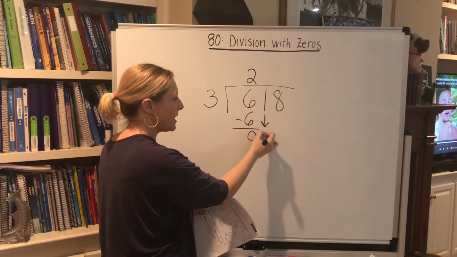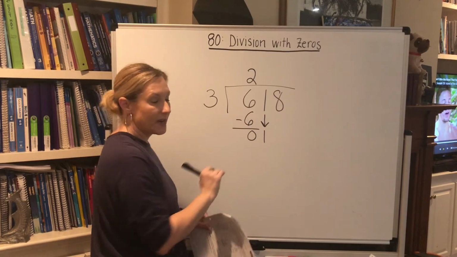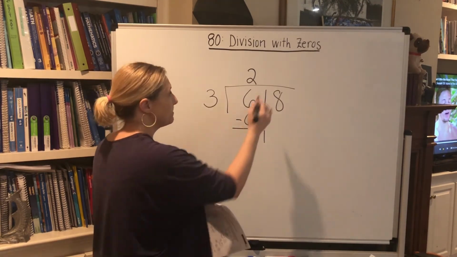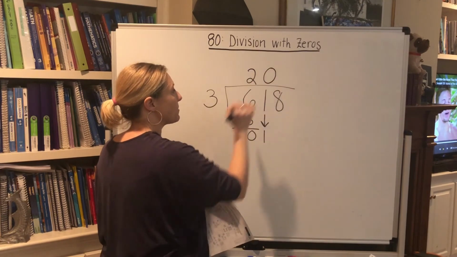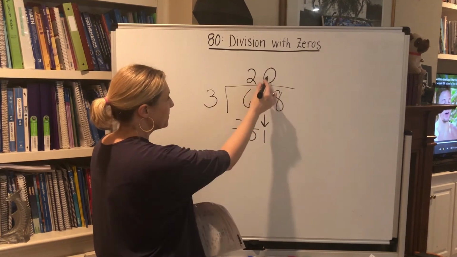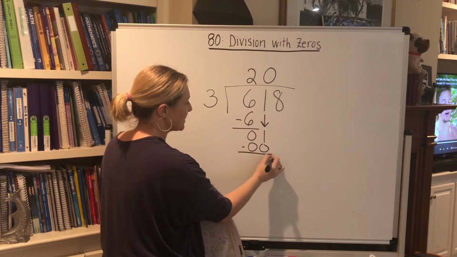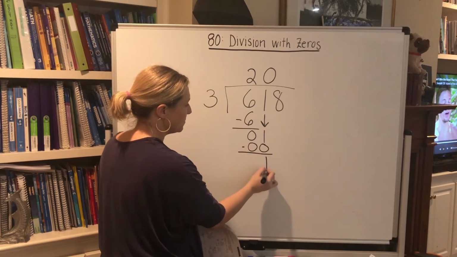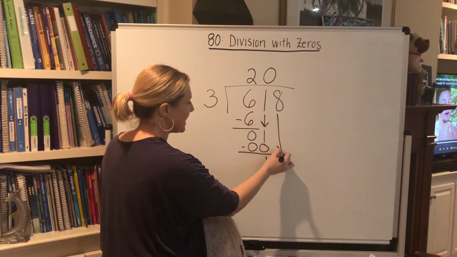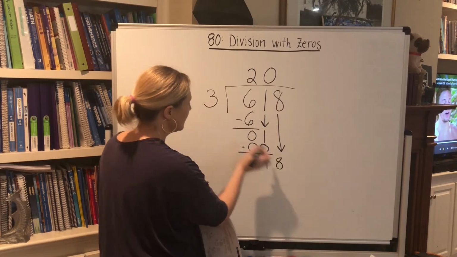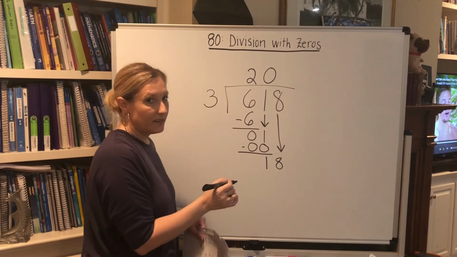Bring down your 1. Does 3 go into 1? Nope. We need to put a 0 here right over the 1. 3 times 0 is 0. Subtract. That leaves us with 1. Bring down your 8. Does 3 go into 18?